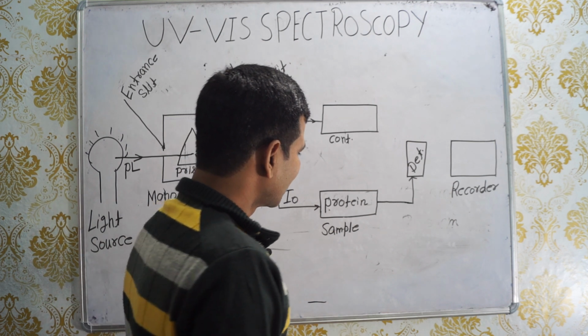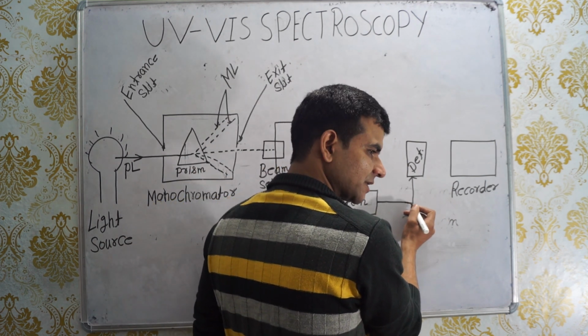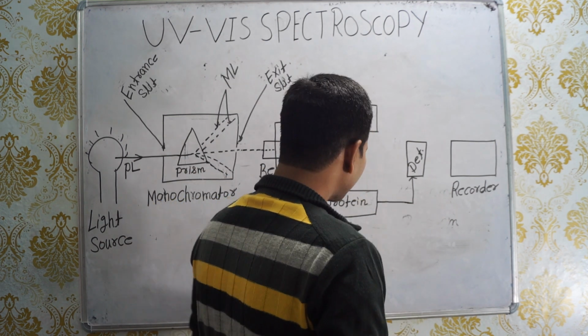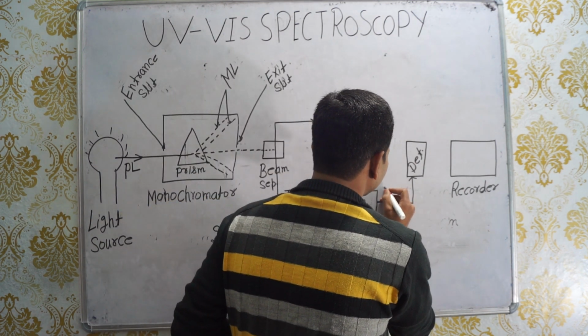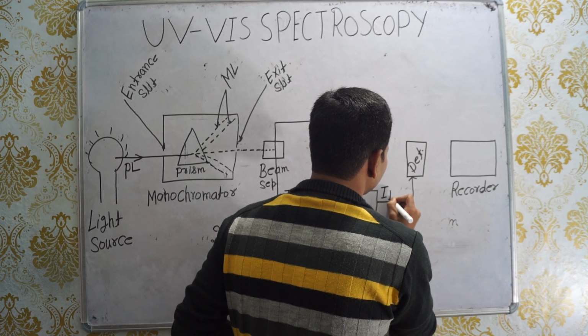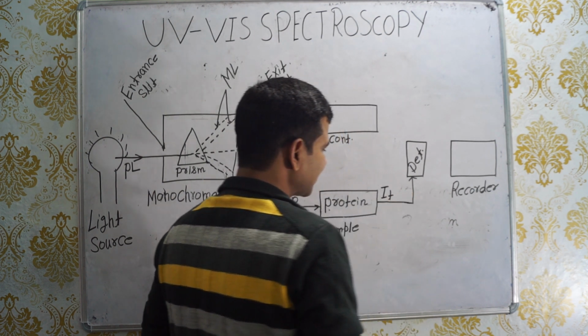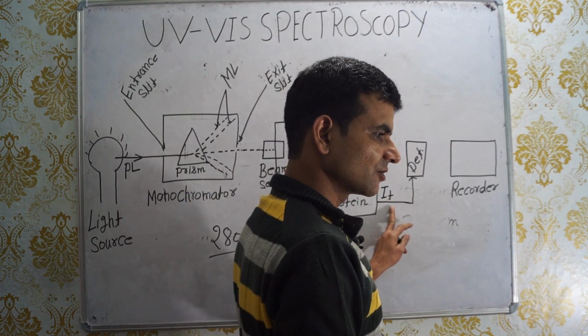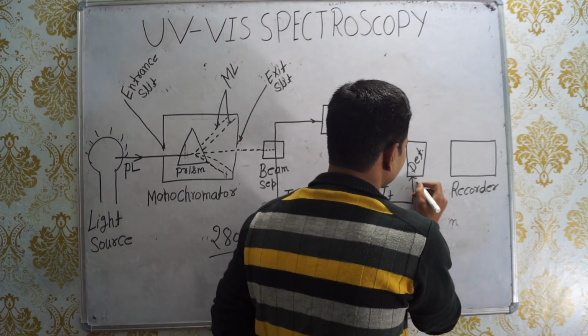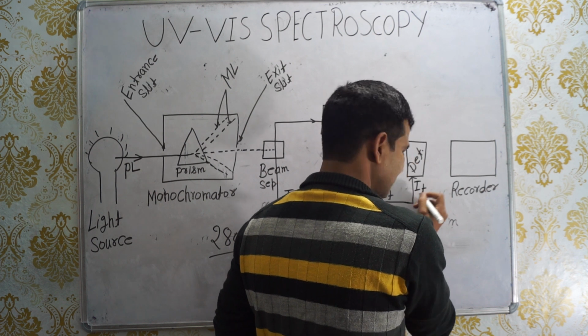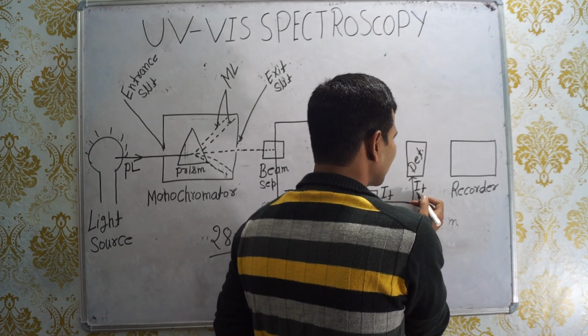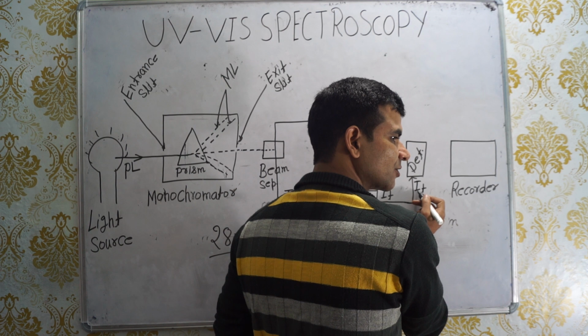This part of light is the transmitted light, and we are supposing that the intensity of transmitted light is IT. The same IT light will go to the detector, so the intensity of light here would also be IT.